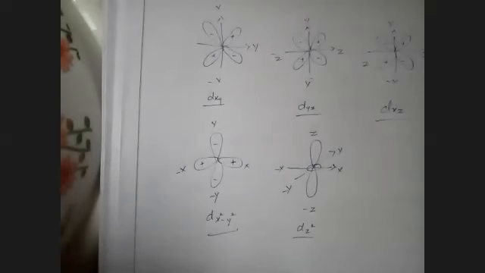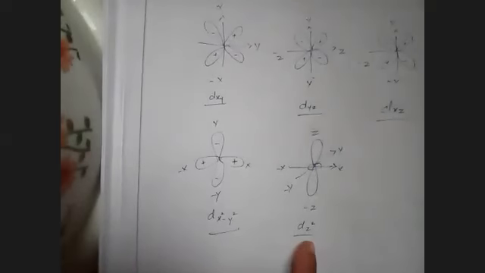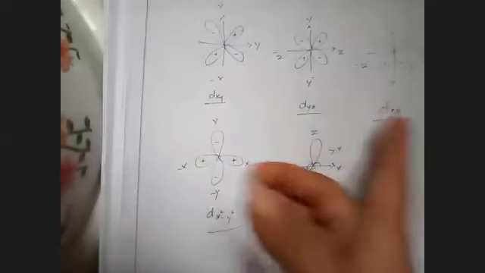When I explain, I usually start from here: dx square minus y square, dz square, dxy, yz and zx. No problem. There may be an arrangement change, but these are the 5 subshells you can see in d.